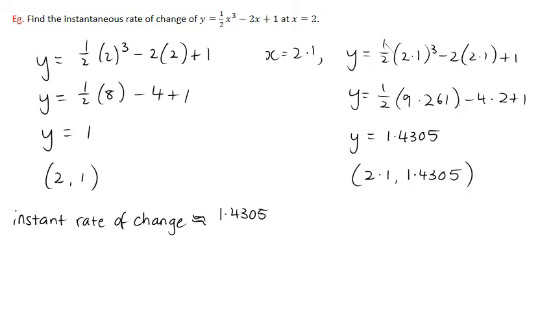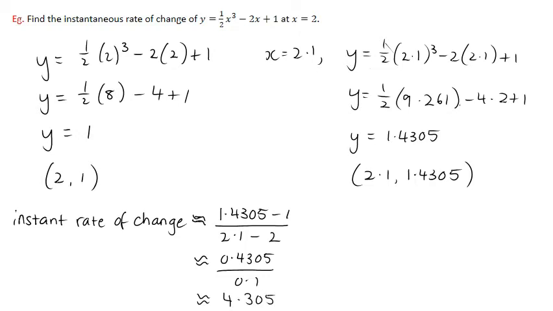Okay, so y2 minus y1 over x2 minus x1 gives us 0.4305 over 0.1, which is approximately 4.305.